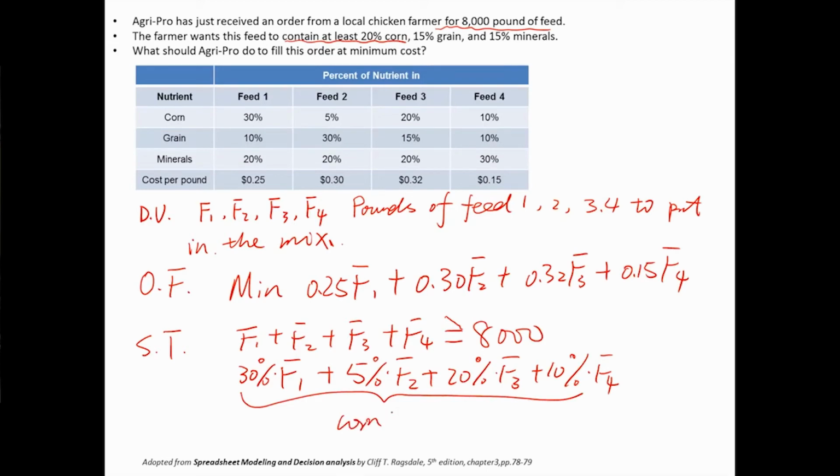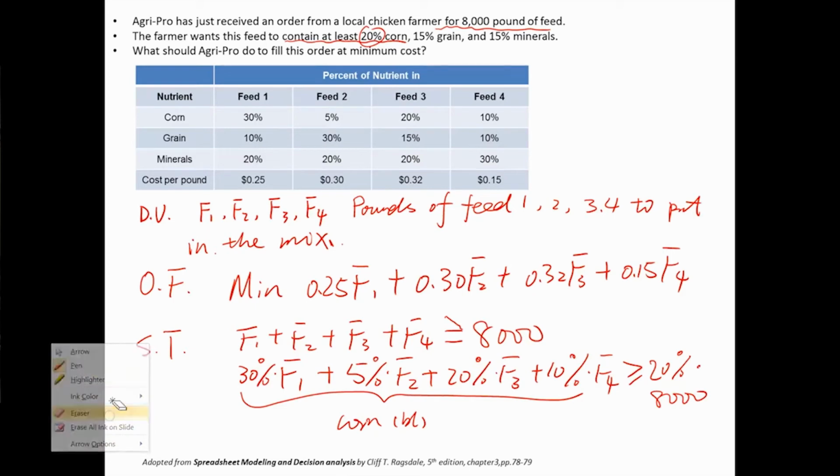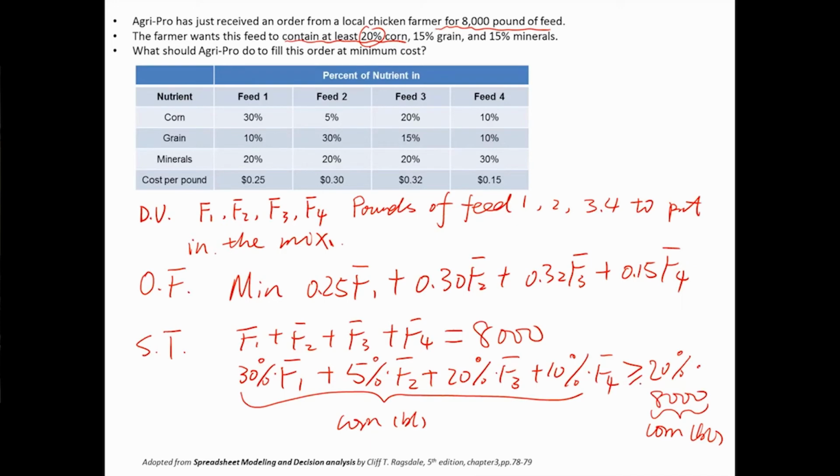That's the total pounds of corn, which should be greater than or equal to 20% times 8,000. For accuracy, we just eliminate this, so our model is simpler. This is corn measured in pounds, so we check the units on both sides. They are both pounds of corn.